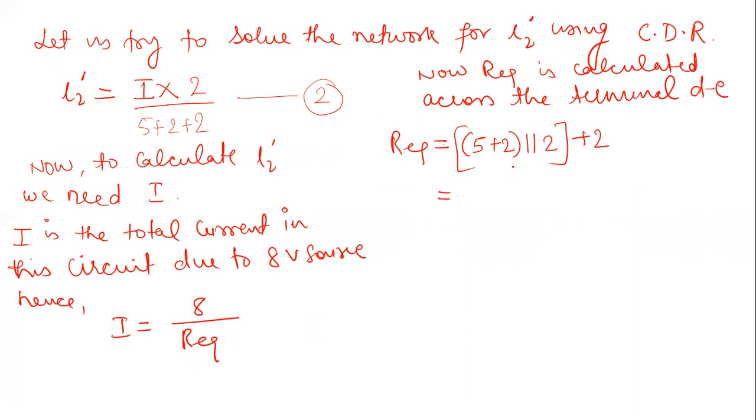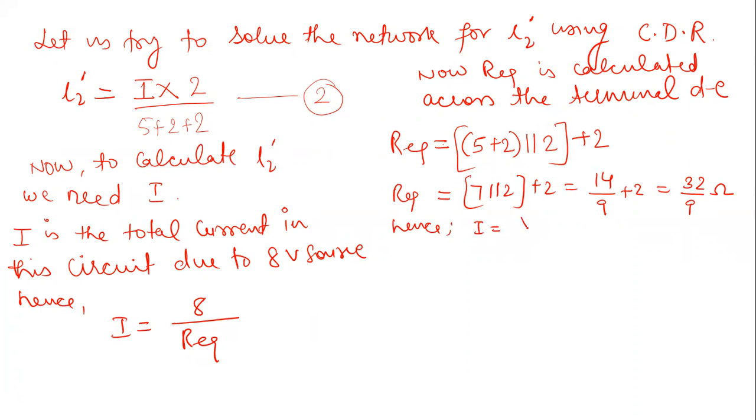So it is 7 parallel 2 plus 2, so it is 14 by 9 plus 2, and it is 32 by 9 ohm. So this is R equivalent. Hence I is equal to 8 divided by 32 by 9, so it is 9 by 4 here.